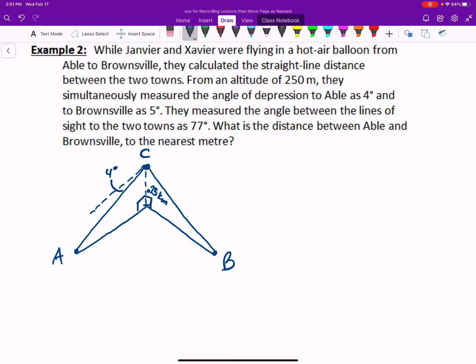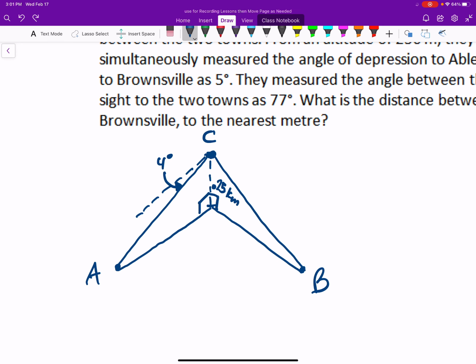So that's 4 degrees in here. The reason that's useful is because this is another right triangle between that dotted line and this dotted line. If that's a right triangle at 90 degrees, that means this angle in here has to be 90 minus 4, so that must be an 86 degree angle right there.